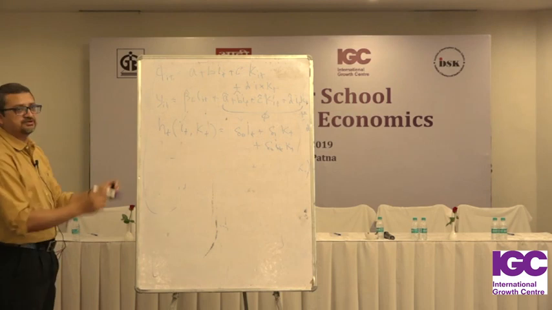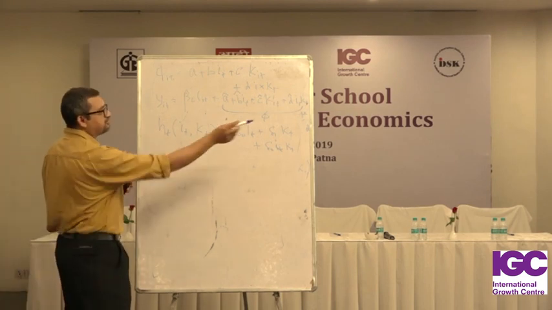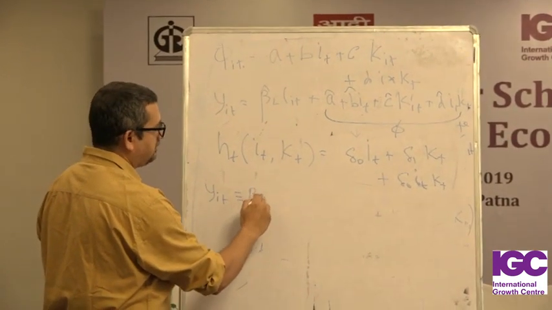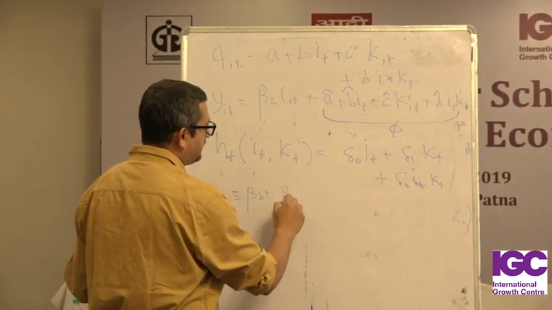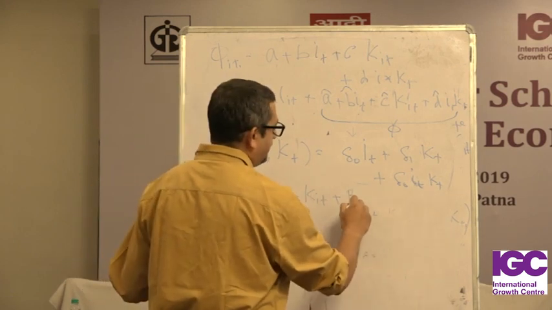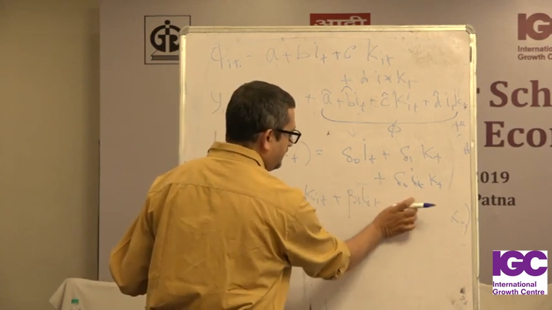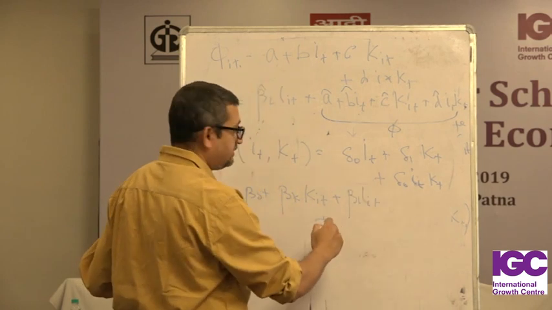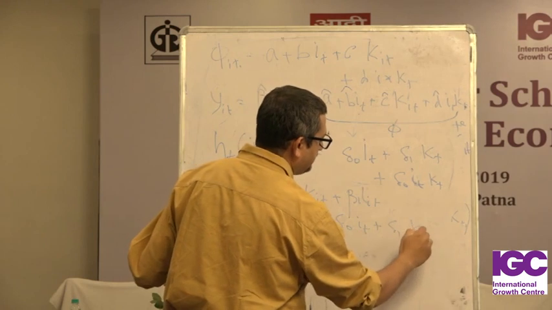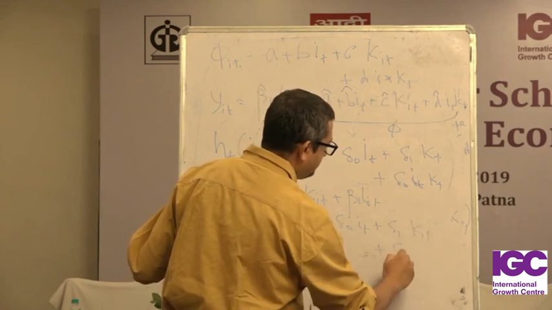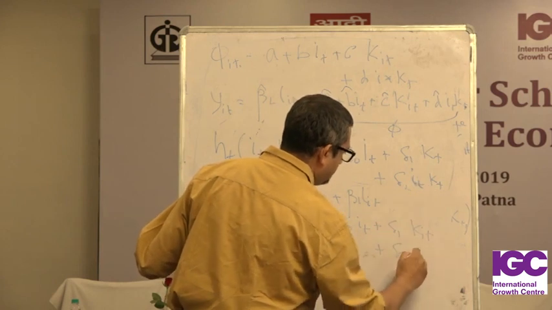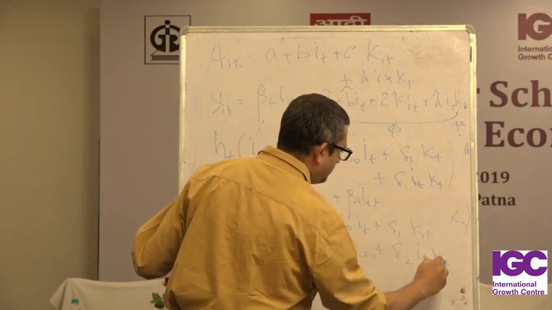Okay, that's the approximation. So if I put this approximation in that regression, you will see it's y it equal to beta naught plus beta k k it plus beta L l it plus now this approximation, delta naught times i it plus delta 1 times k it plus delta 2 times i it times k it.